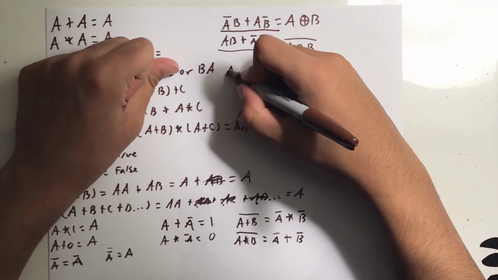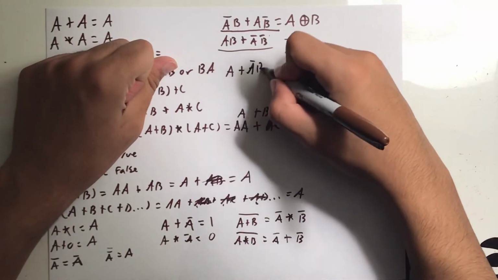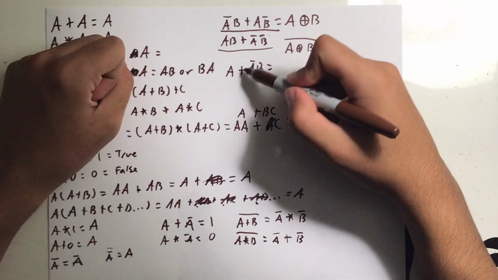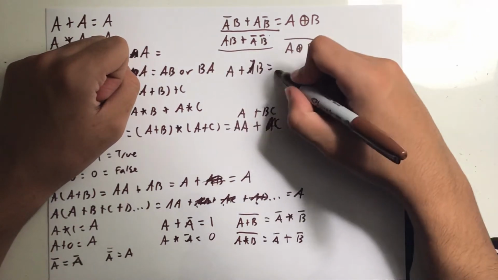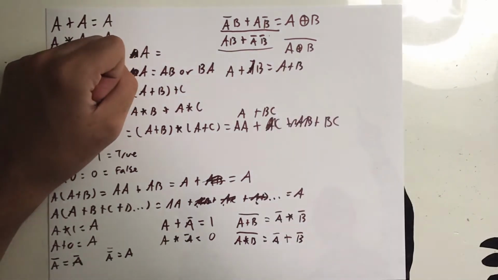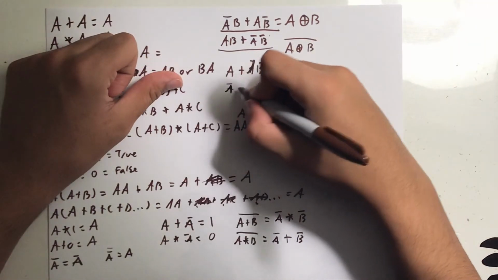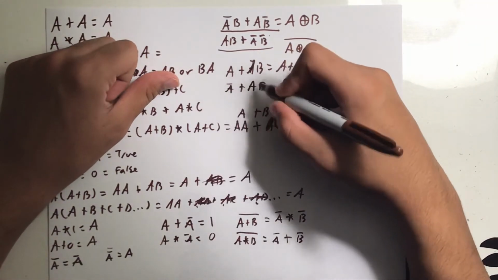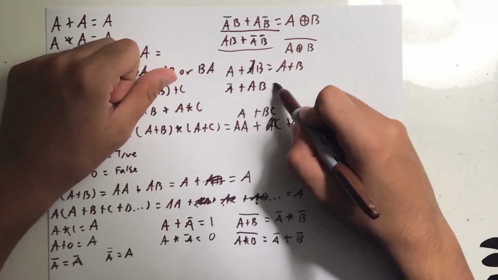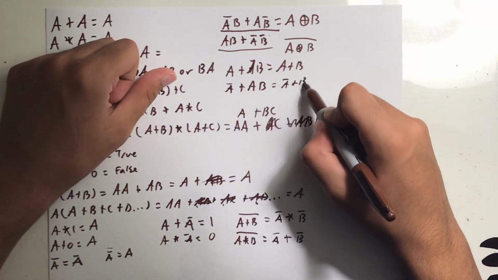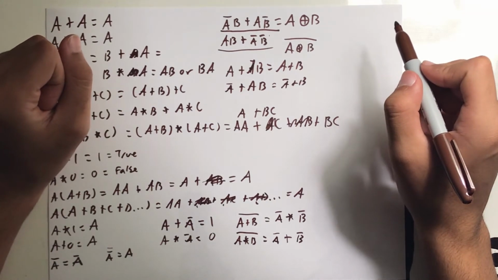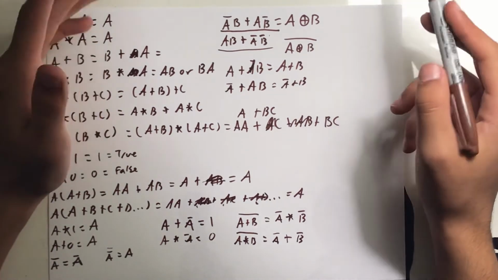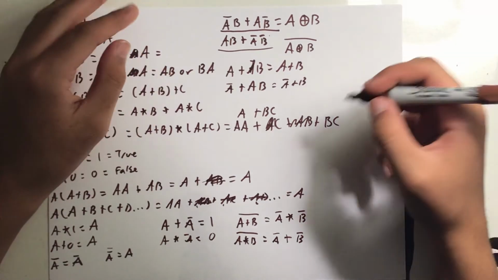Basically, if you have A plus A not B, this A not, because it's the opposite of this, you just throw it away and it becomes A plus B, right? If it was not A plus AB, this A gets removed and it just becomes not A plus B. And then you can also do foiling too.